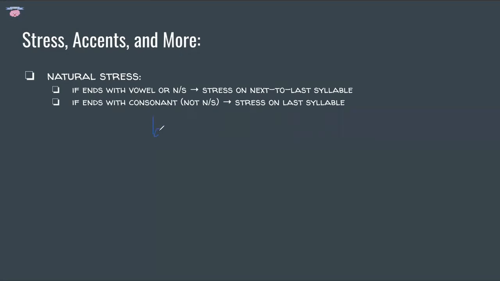So lápiz, which is the singular form of the word we looked at earlier. Lápiz without an accent. The syllables are la and pis, and stress is on the last syllable since it ends with a z. So this is where the stress is.